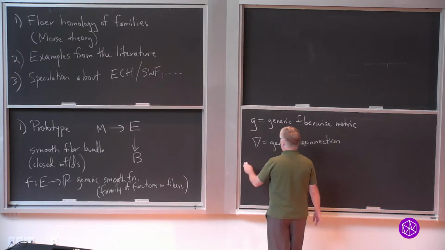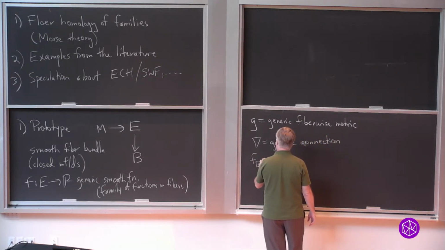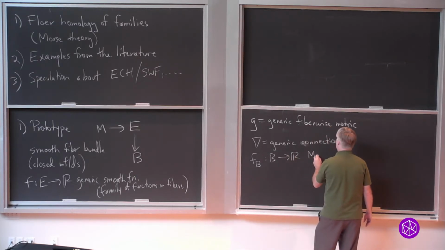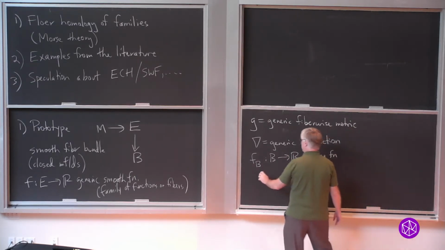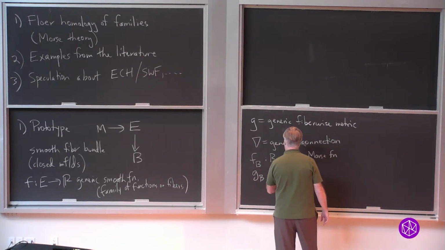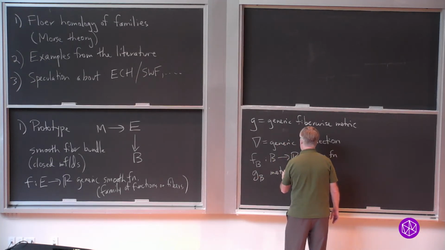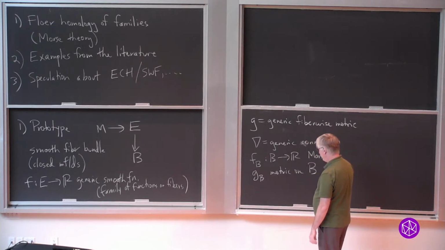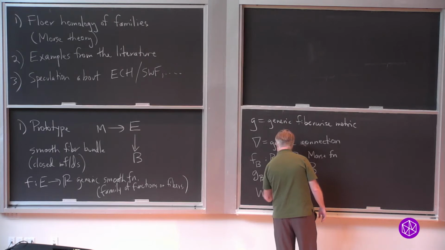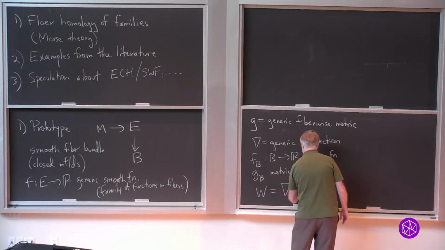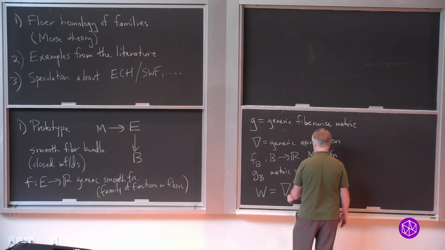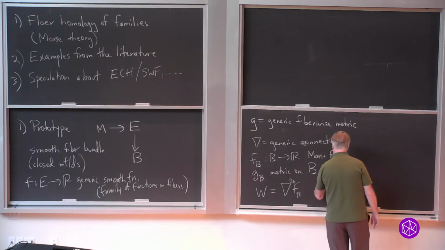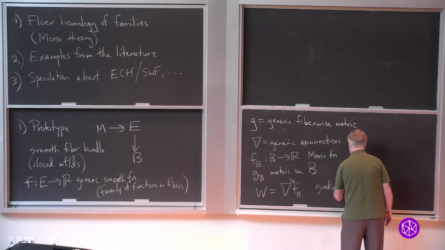And I'm going to choose an auxiliary Morse function F_B on the base, and G_B is a metric on B. Then there's an associated gradient vector field, let's denote this by W. So it's the gradient of F_B with respect to G_B. I'm not sure the best notation for that. So this is the gradient vector field on B.